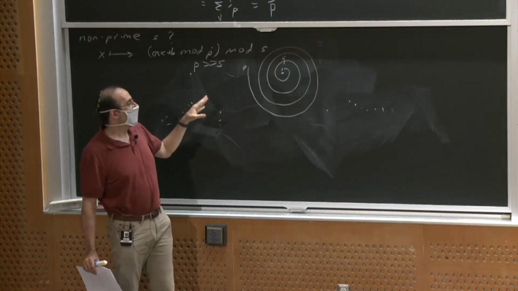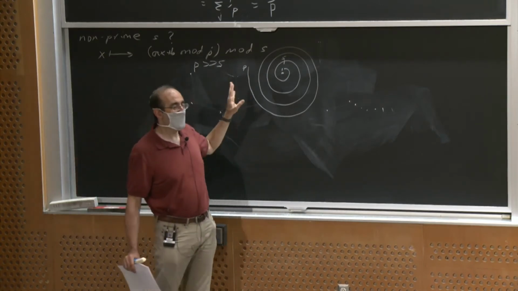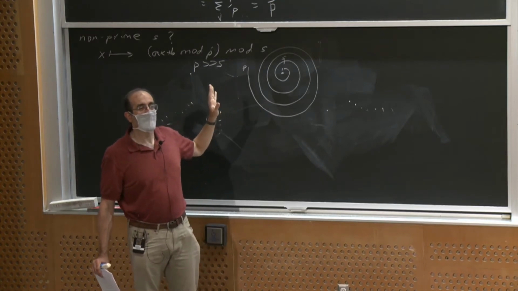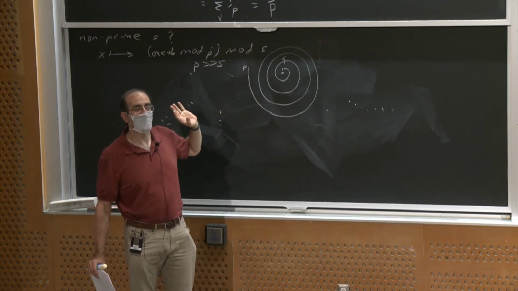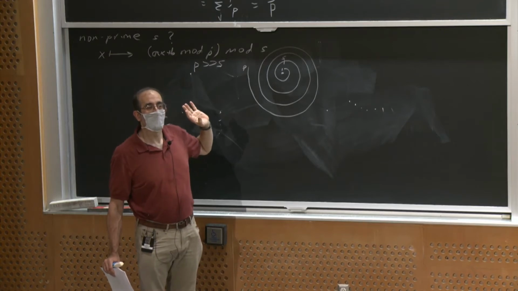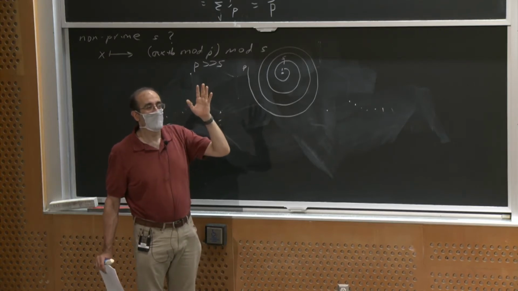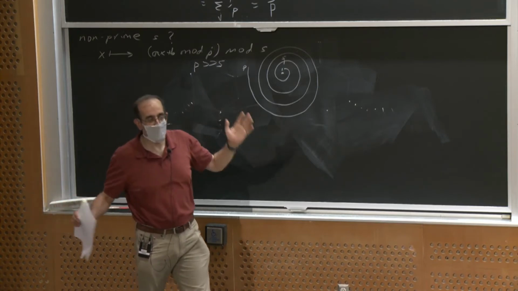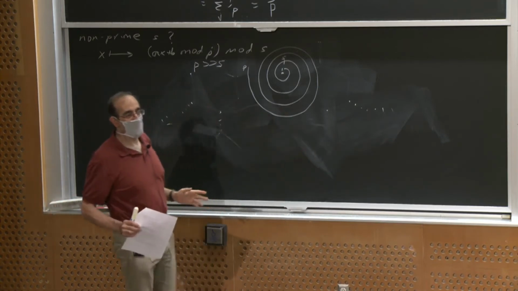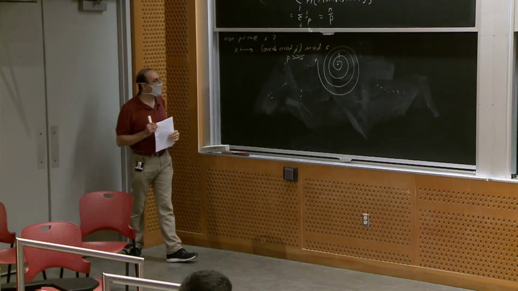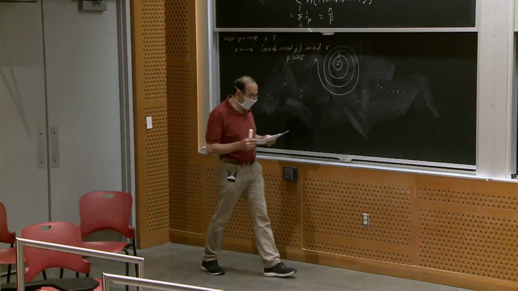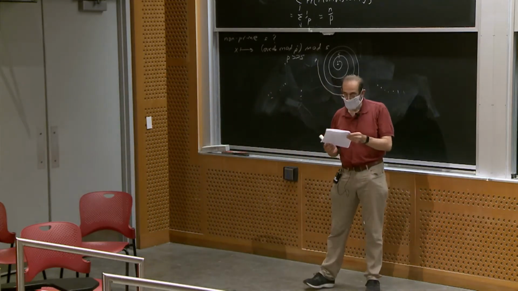I mean, can we pick S or p so that it's exact and we don't have to approximate? Yeah? And p is prime. p is prime, so S can't divide p, so there's going to be some remainder somewhere, and that's going to make a little bit of mess, but not enough to matter, okay?